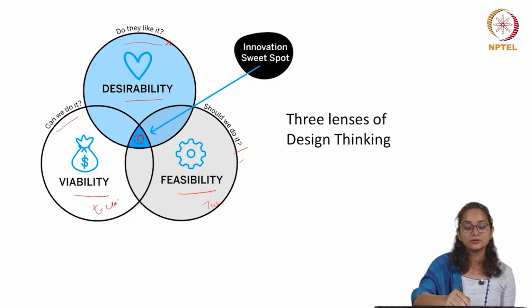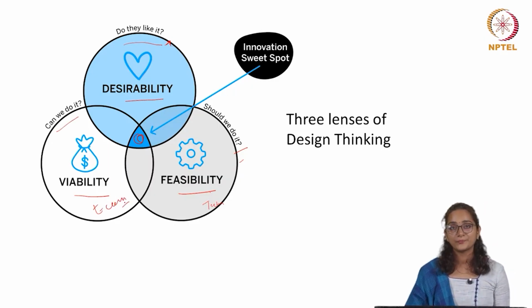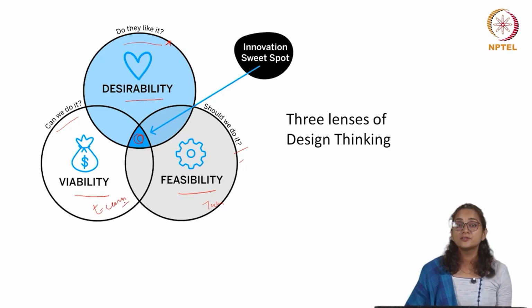Viability is the economic viability of it, the business perspective. Do we have the resources to realize it? Do we have the funds to disseminate it? So all of these aspects can help you understand, analyze your ideas and converge on some good concepts and then take it to the user for testing.